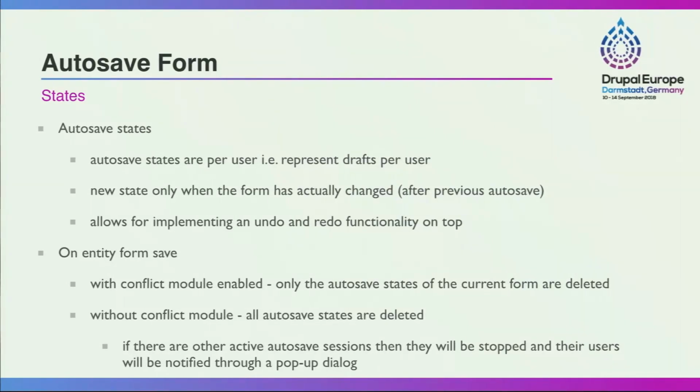Because even if we don't delete them, and even if the user is able to resume from where they left, it will be impossible to merge the conflicts later or to save the form itself. It's just how Drupal core works out of the box. And if the conflict module is enabled, then we just delete the autosave states of the current form session, only of the current form session.